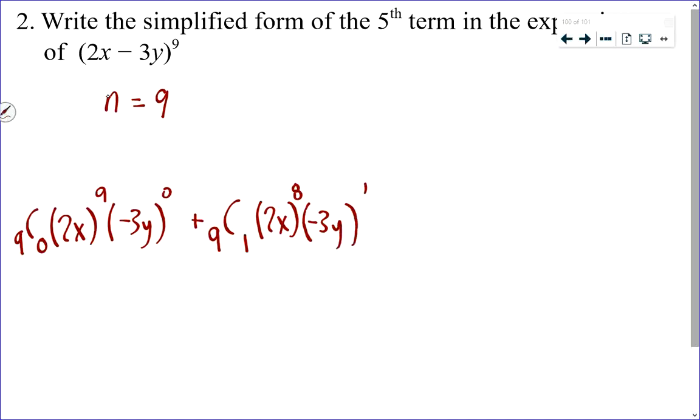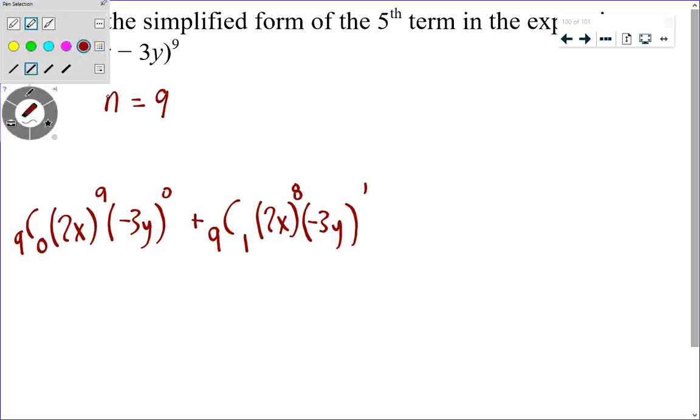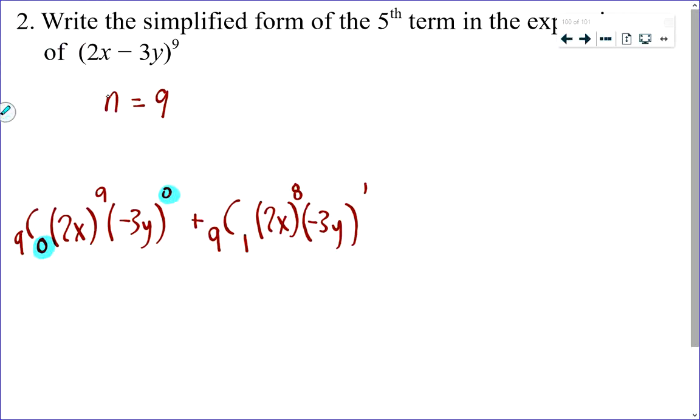I want to point something out to you. This is really at the heart of things. This number will always match this number. It's 9 choose 0, and we have negative 3y to the 0. It's 9 choose 1, and we have negative 3y to the 1.